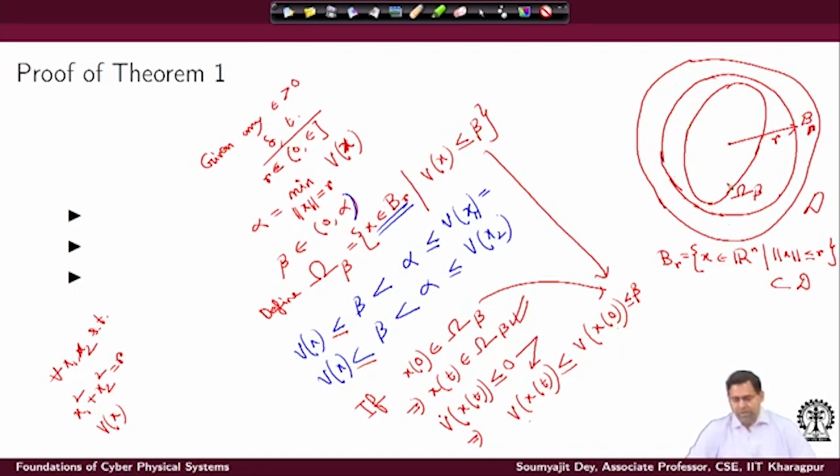As long as the system starts inside omega beta, the system must be inside omega beta forever, because otherwise the Lyapunov function's guarantee will not hold. The function's design is such that it is supposed to dissipate, it will only become small, and by construction all smaller values must be inside this set omega beta. Now further we can say that there exists delta greater than 0.